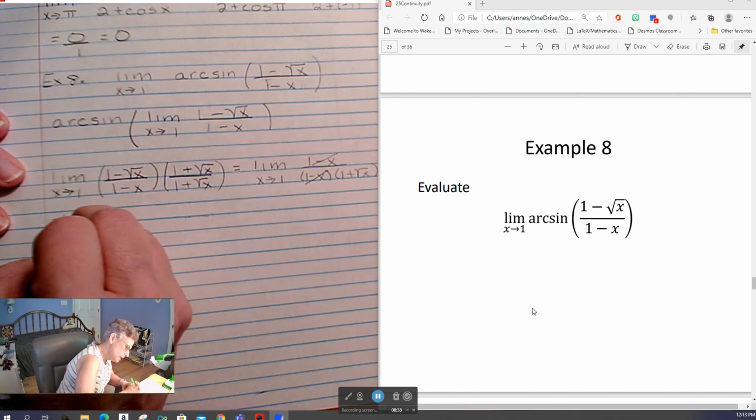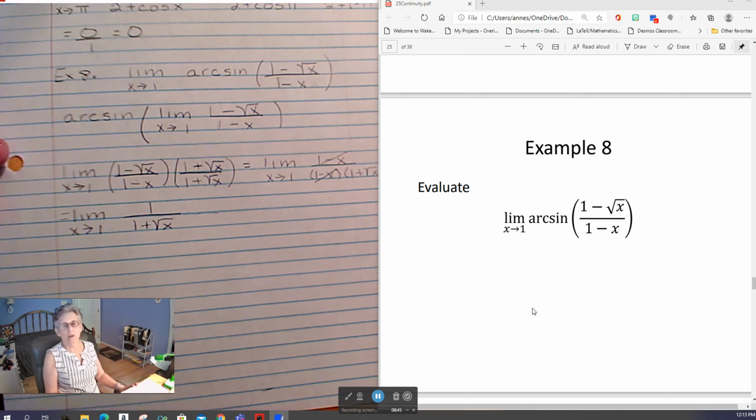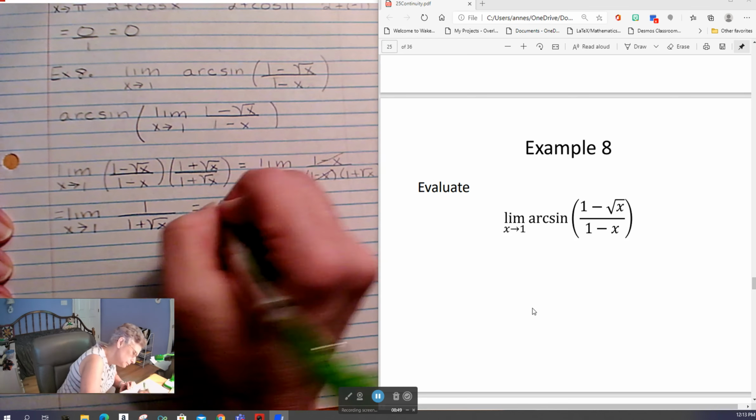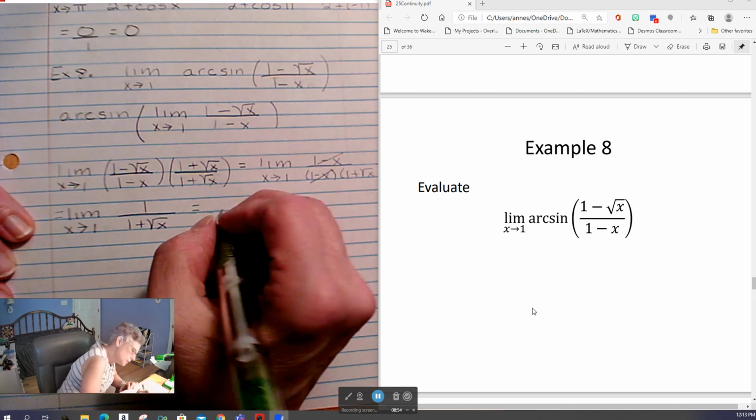So I have the limit as x approaches 1 of 1 over 1 plus the square root of x. And that's something I can just direct substitute.